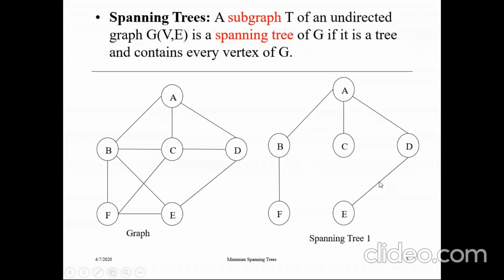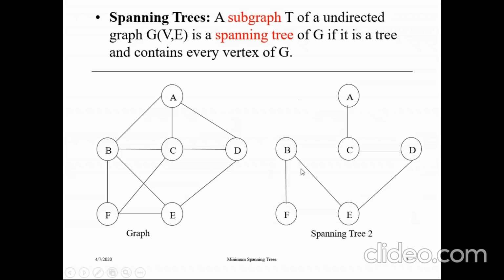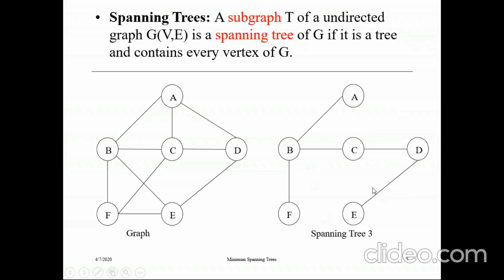We can form any number of spanning trees of a given graph. This particular graph can be formed with another technique, and the spanning tree looks like this, and the third formation looks like this. So we can conclude that any number of spanning trees can be formed out of the graph.